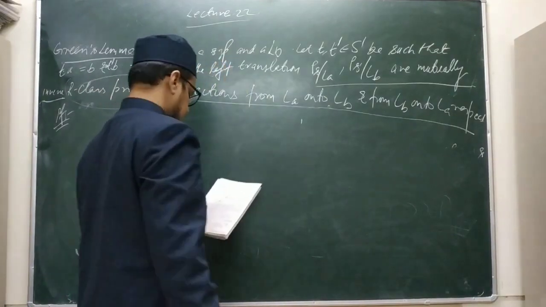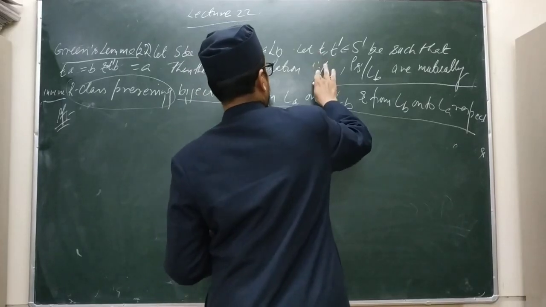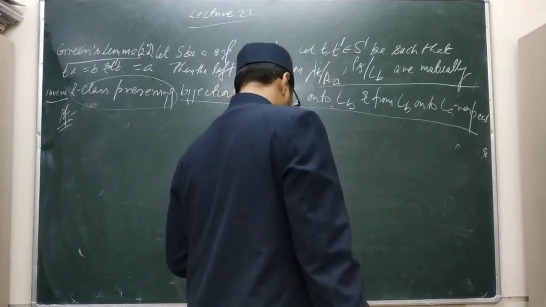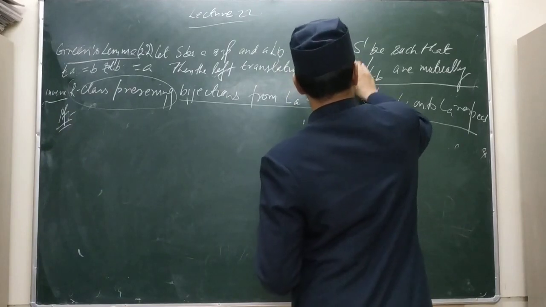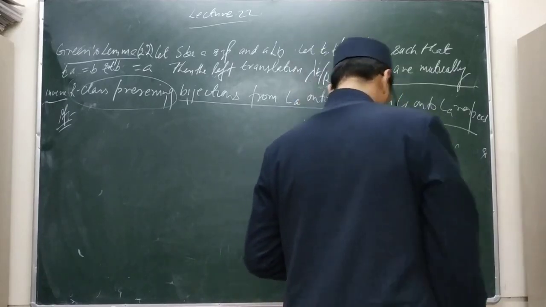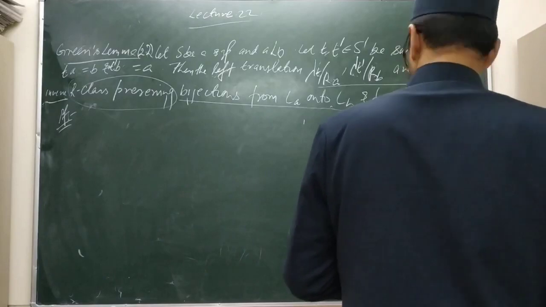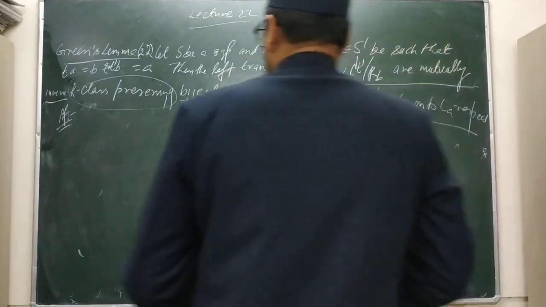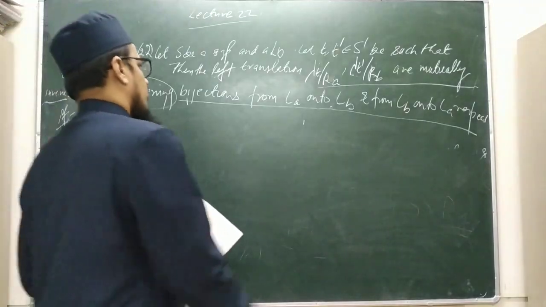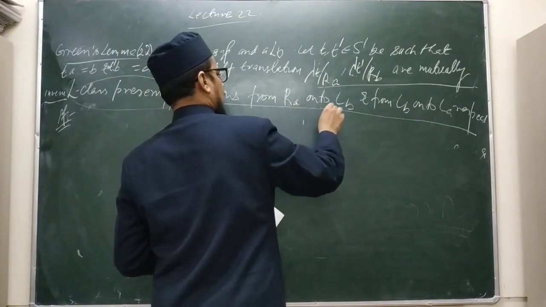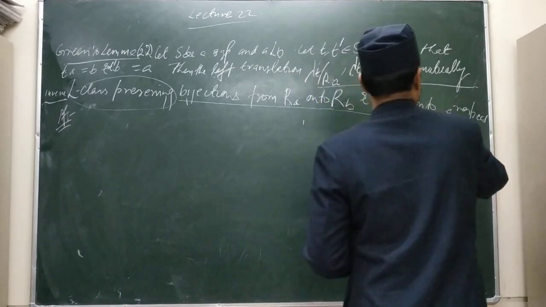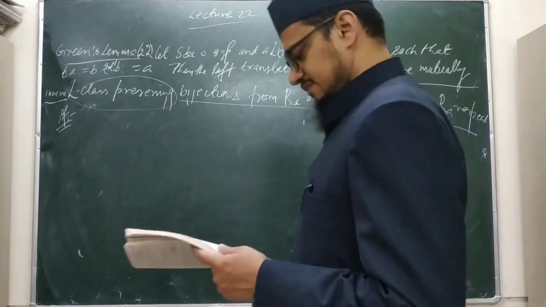left translations lambda T by RA and lambda T dash by RB are mutually inverse L class preserving bijections from RA onto RB and from RB onto RA respectively.